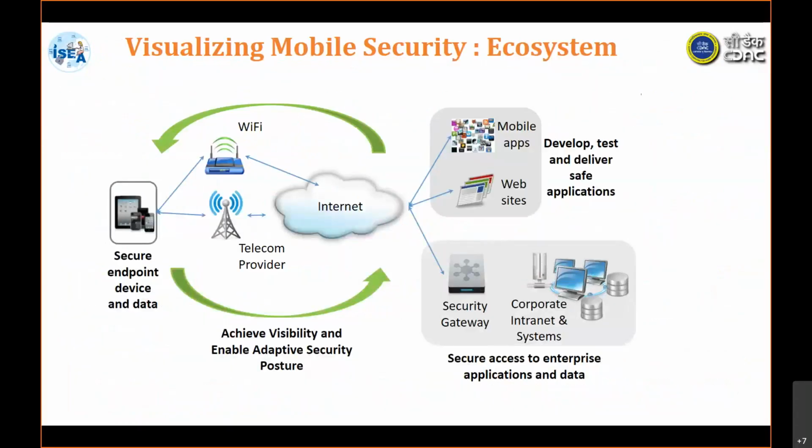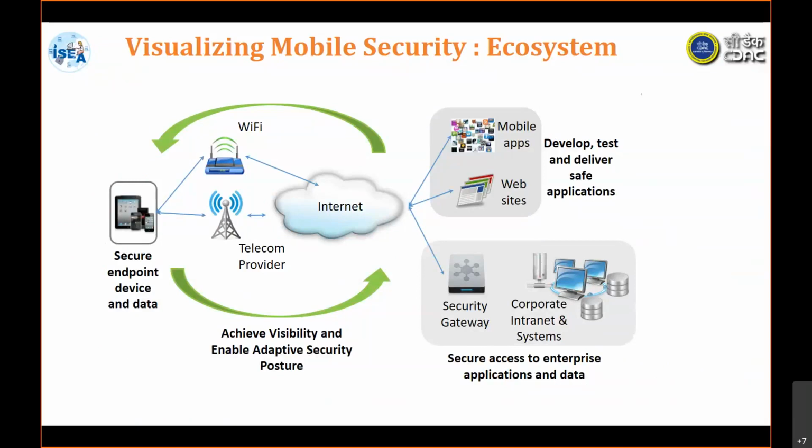Now, what we do is we simply install a software, right? But if you see, the total ecosystem is like this. There is a set of developers and a set of testers through which they create the mobile apps. Then there is a website for hosting them. So these mobile apps are hosted on a website.